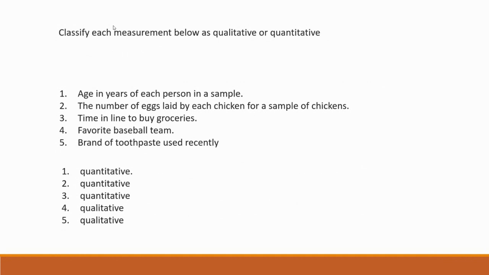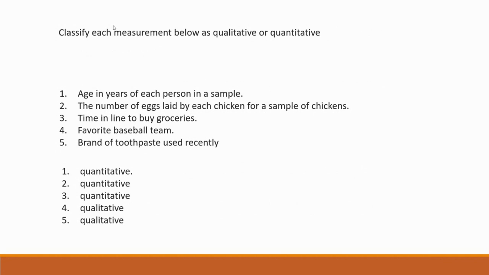So age, right? Well, that's an amount in years. That would be quantitative. So it makes sense to do calculations with that, like the average age or the maximum age. It's an amount.